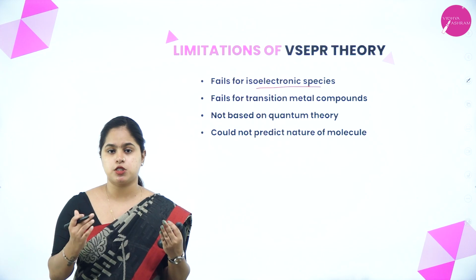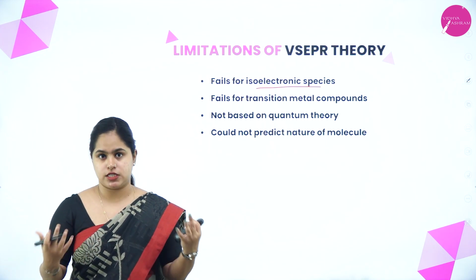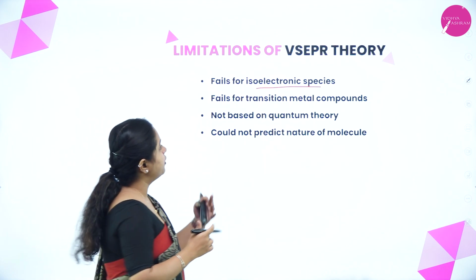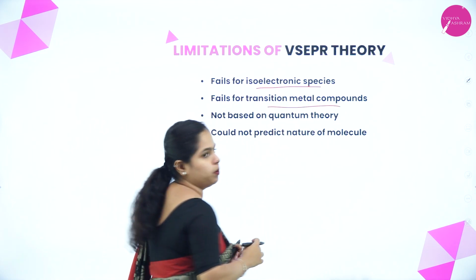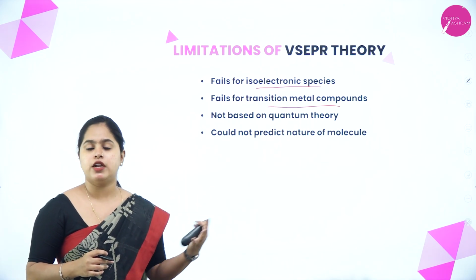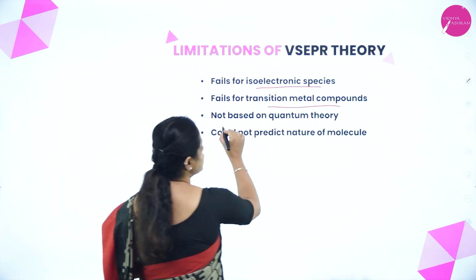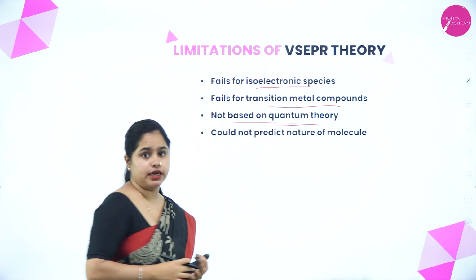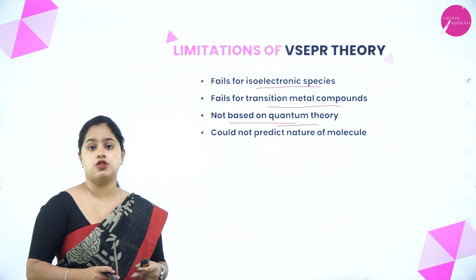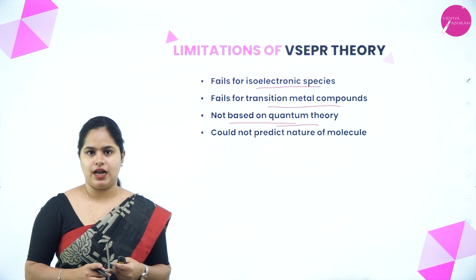For isoelectronic species, the shapes of such species were not able to be predicted. And it fails for transition metal compounds. The shapes of those were not able to be predicted. It's not based on quantum theory. That is another limitation of this theory. It was not based on the quantum theory of atoms.